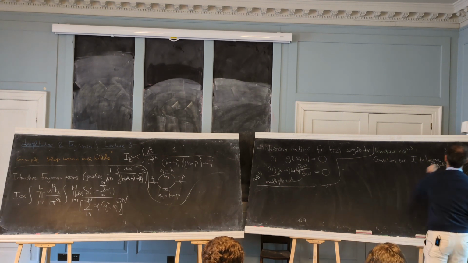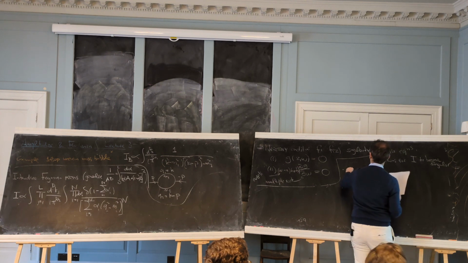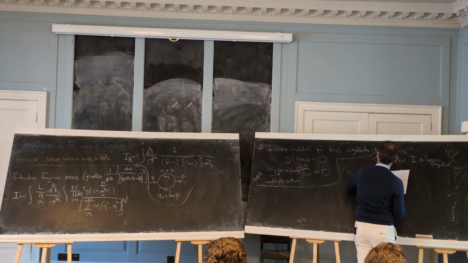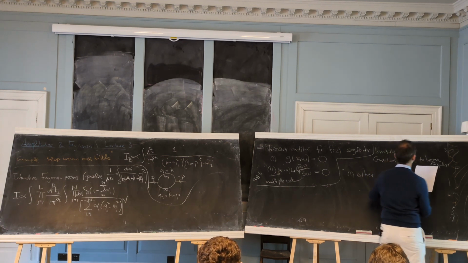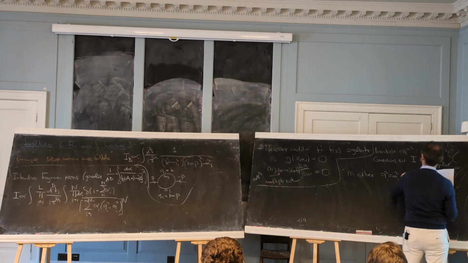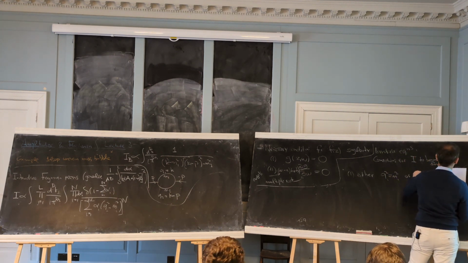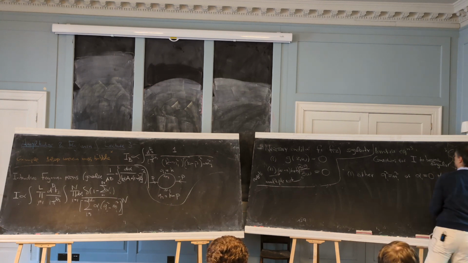And they are very, very analogous to these ones. You have either q_i squared equals m_i squared or alpha_i equals 0 for all i.